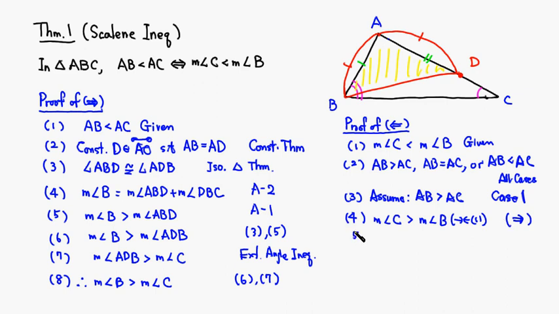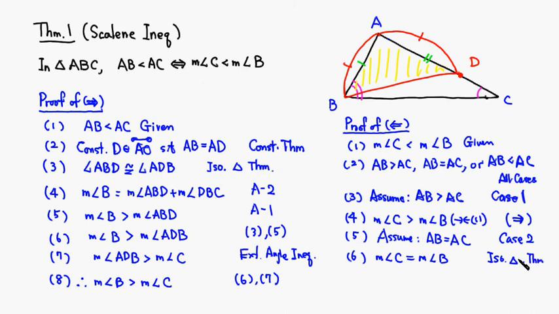So 5, case 2. Let's assume that AB is equal to AC. This is easy because then we have an isosceles triangle. So the base angles, angle C and angle B, are the same by the isosceles triangle theorem.